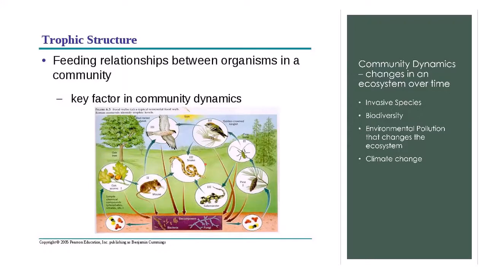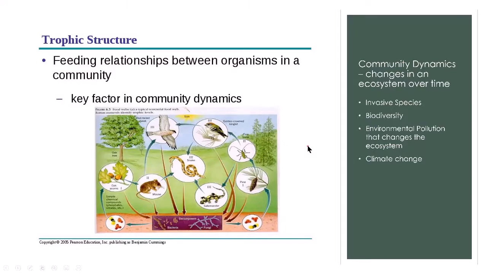And then as far as environmental pollution, let's say their water source is contaminated or their air is contaminated. That can also cause a trophic cascade because they can't find clean water or they're not breathing in clean air. And then climate change can affect the community dynamics by heating up this area so much that these animals either have to migrate or adapt. And if they can't adapt fast enough, then they die out.